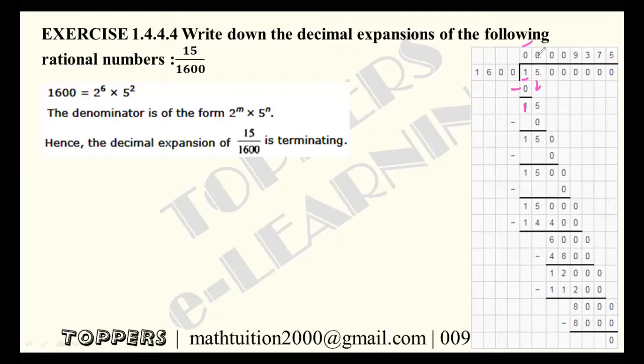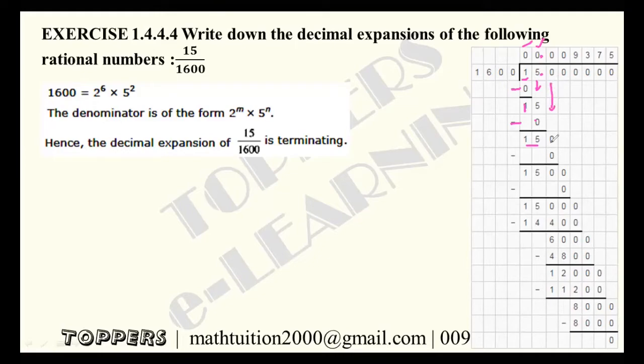In 15, how many times? 0 times. 0 times 1600, we got 0. 15 minus 0, we'll get 15. Nothing to bring down, so we are putting the decimal in quotient and also in the dividend. Then we can put as many 0s as we need. So this 0 now we can bring down.